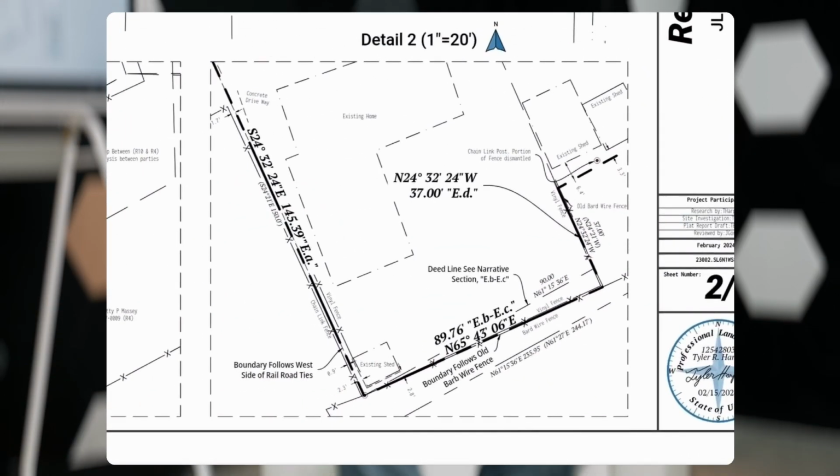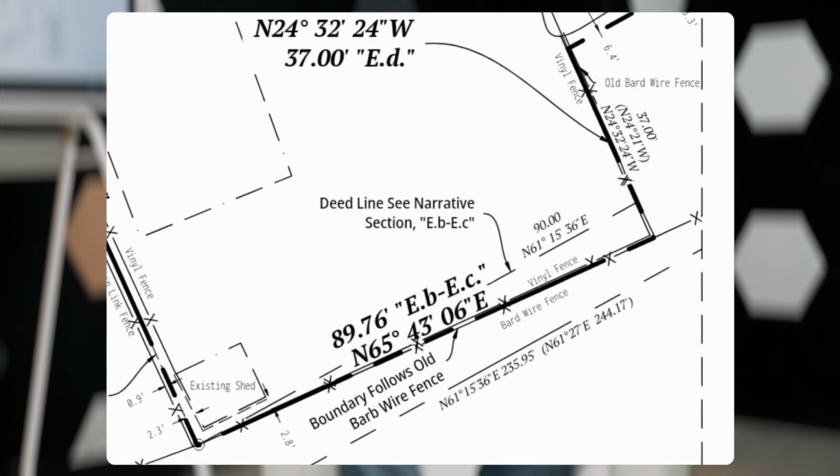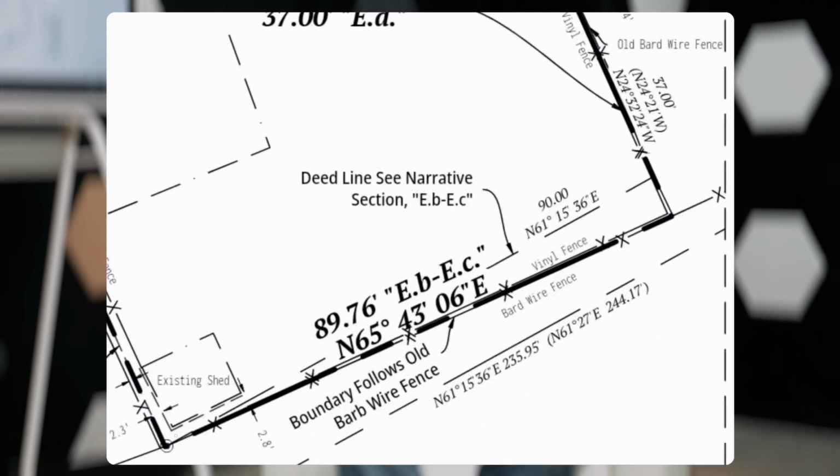If we come over here to detail 2, we can see that there's some really technical things that are happening. Notably there where it's saying C deed line, C narrative, sectional EB and EC. So in this case, the survey itself, this plat map, is referencing what the surveyor's mindset was and the law that he went through to make his boundary retracement determination.